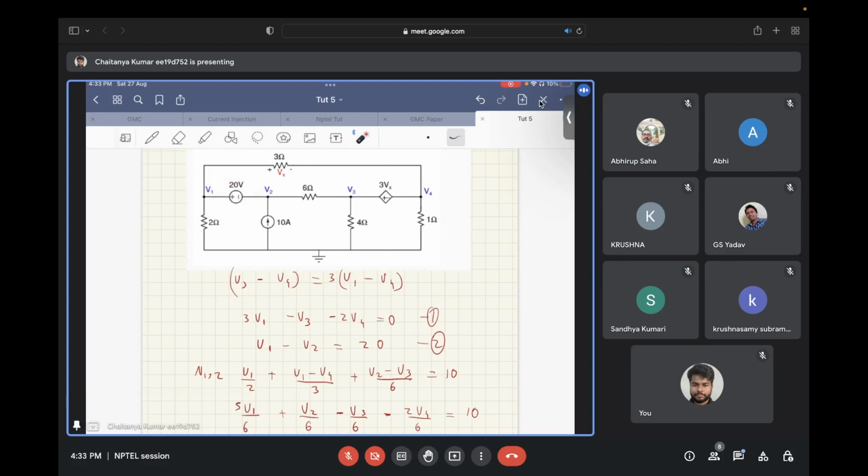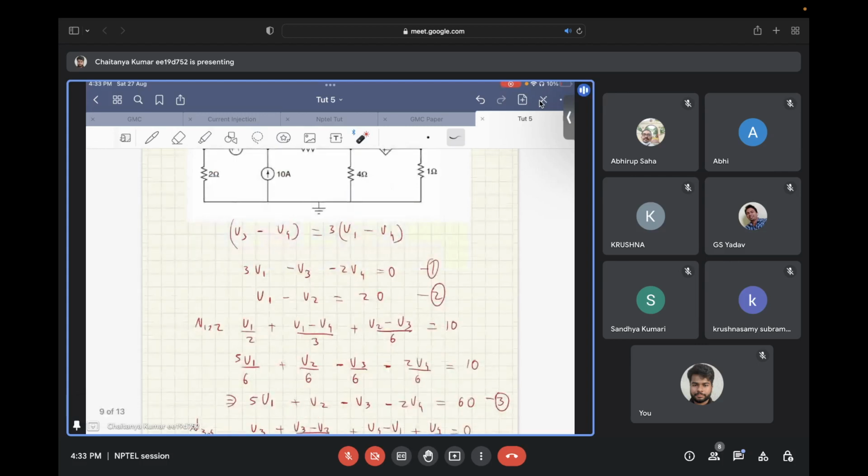If you simplify it, you get the third equation.